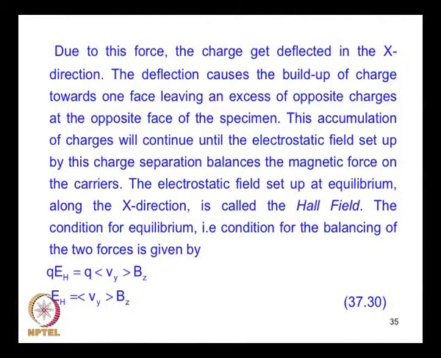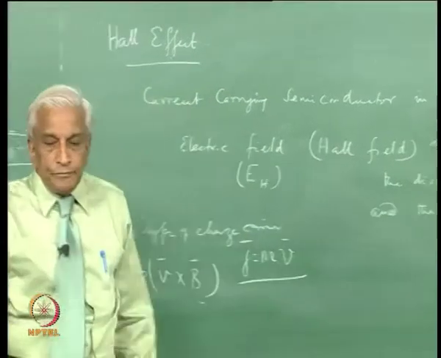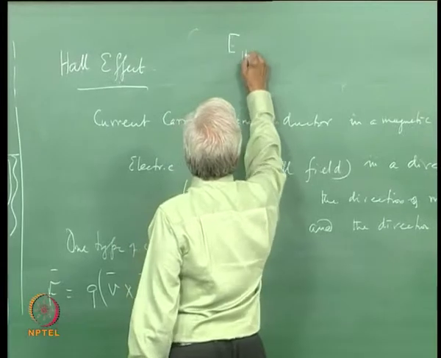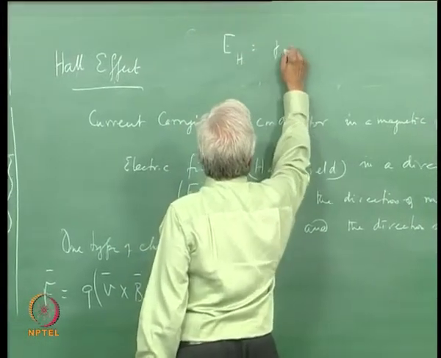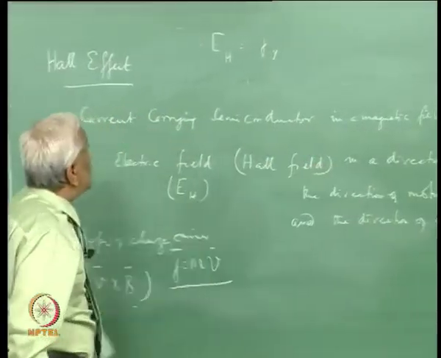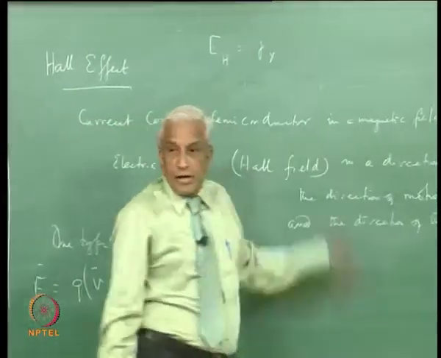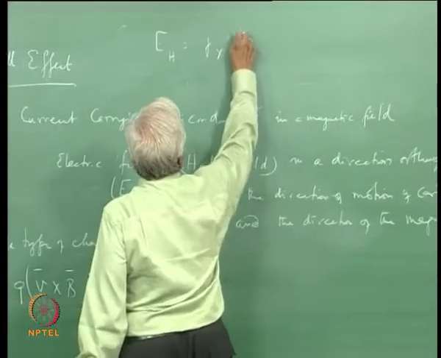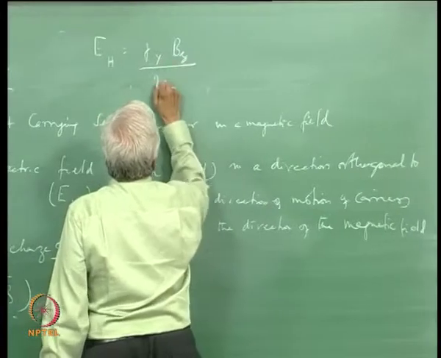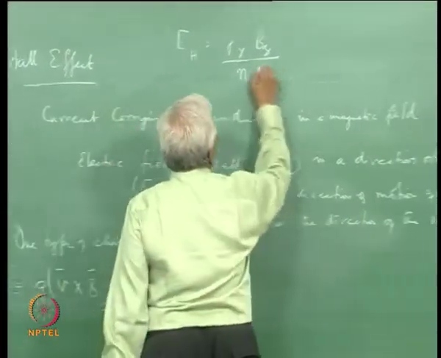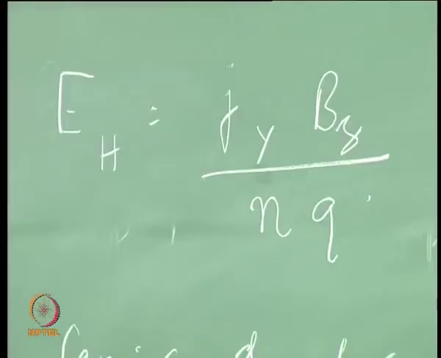Also, if the direction of motion is the x and the B field is along the z direction, the Hall field is directed along the y direction. So, this will be J y B z by n. Let us write q here to denote the charge in a general way.